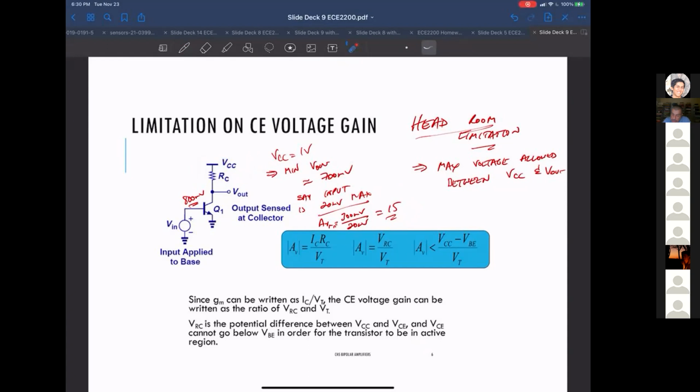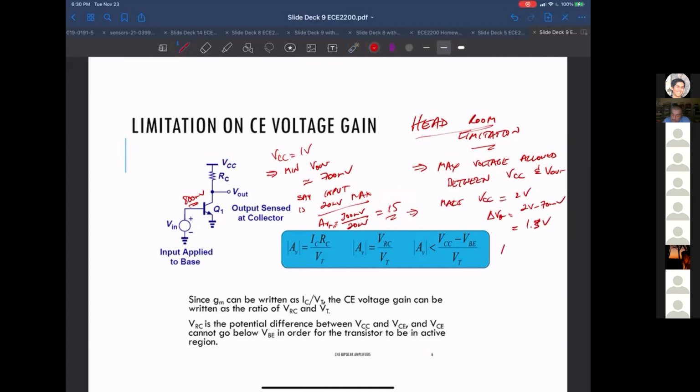So that's the idea. You can go to higher gains if you, let's say now, make VCC 2 volts. In that case, my highest delta Vout variation is 2 volts minus 700 millivolts, so it's 1.3 volts, sorry.